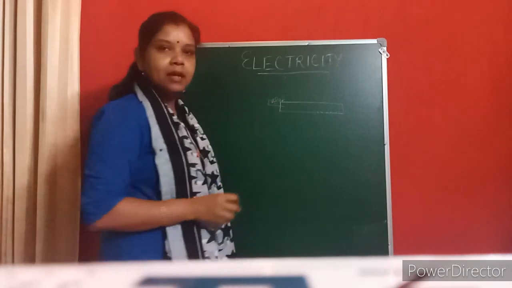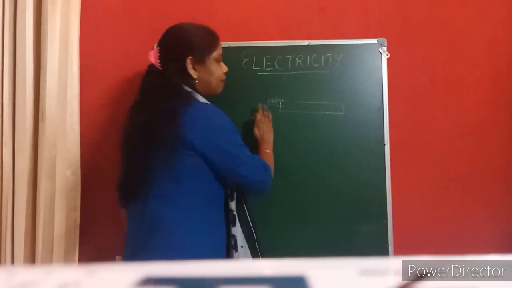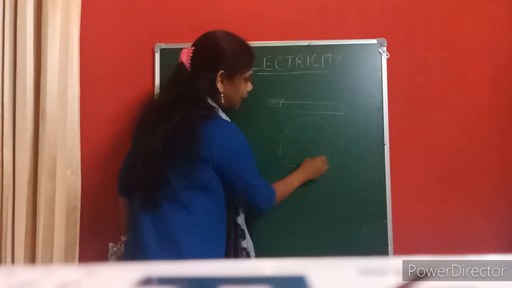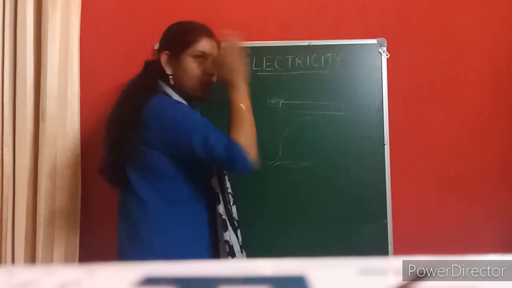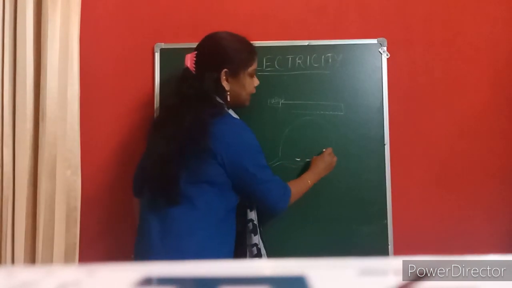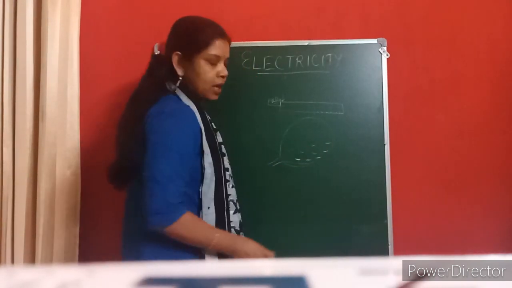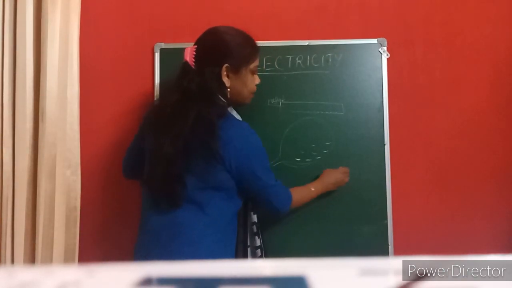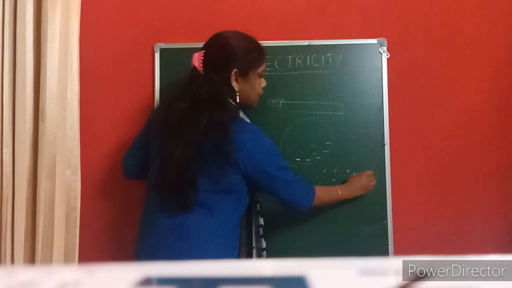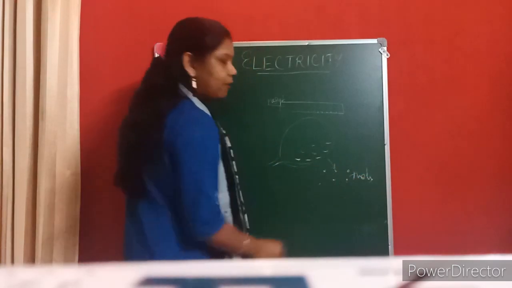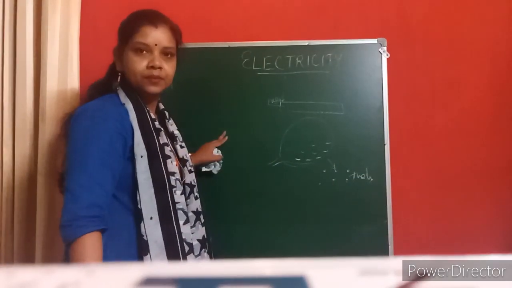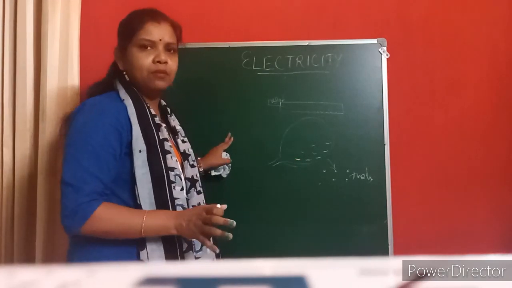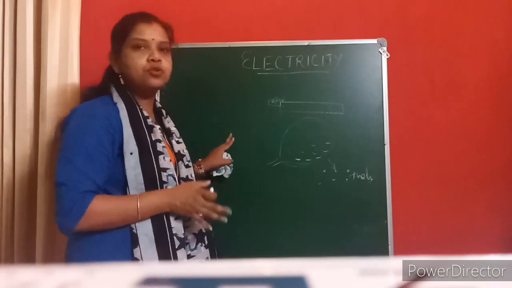If I have a balloon instead of the scale and I rub it on my hair, the balloon becomes negatively charged. And if I have some bits of paper which are positively charged, then if I bring it nearer, what will happen? It will be pulled.